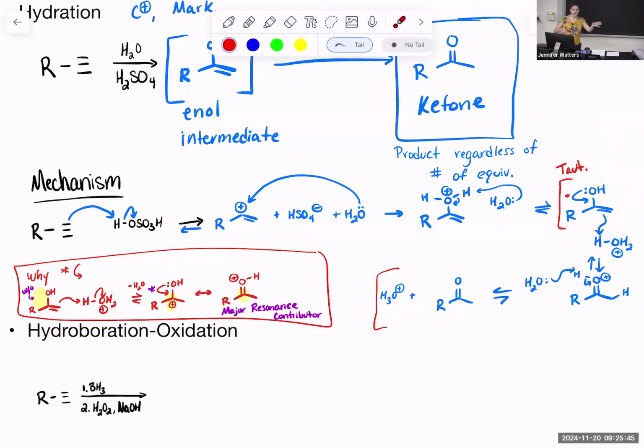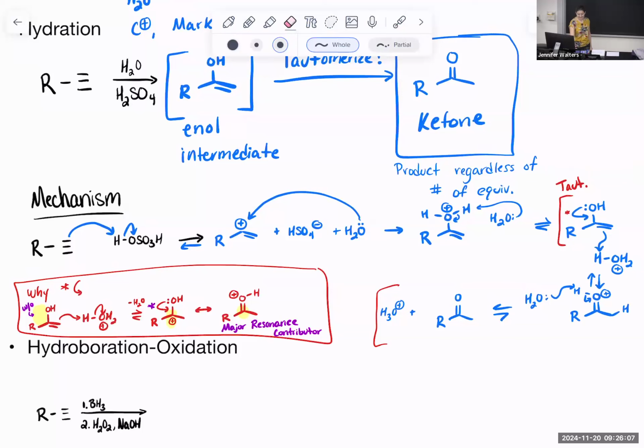The lone pair falls down and it pushes out the pi bond because we want to avoid that minor resonance contributor making that carbocation. Any questions about that mechanism? Okay.